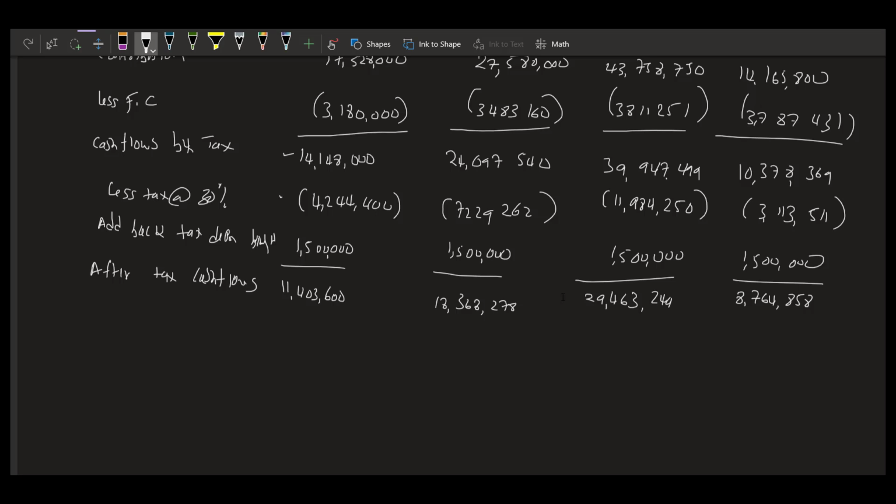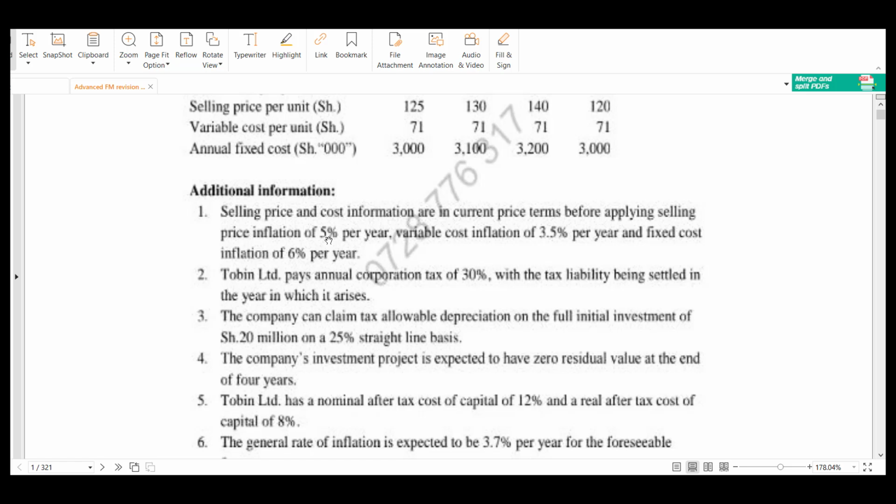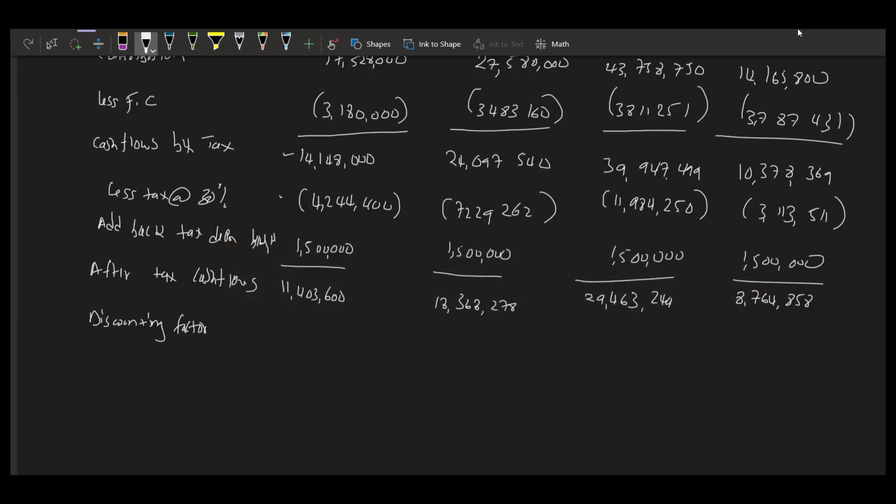Now from there, we can go ahead and get the discounting factor at 12%, because we have been told that Toblin Limited has a nominal after-tax cost of capital of 12%. So from the tables, 12% year 1, we have 0.8929.